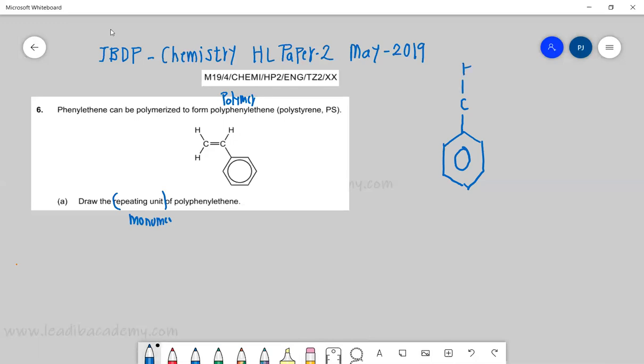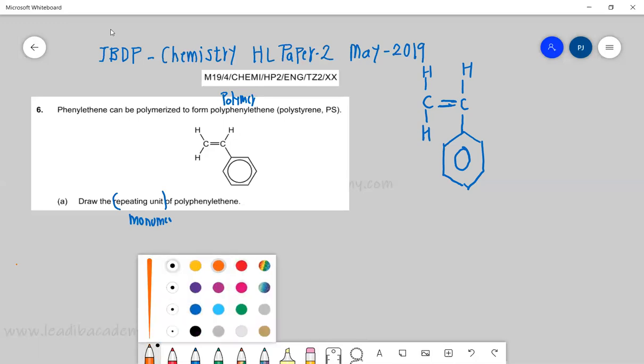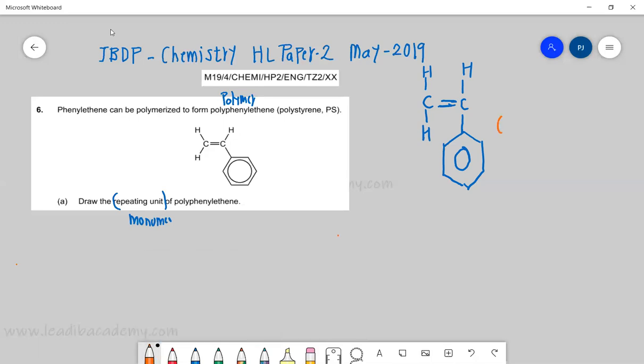C H double bond C, H and H. Now please understand that this is the monomer, but when it gets polymerized, what is going to happen?